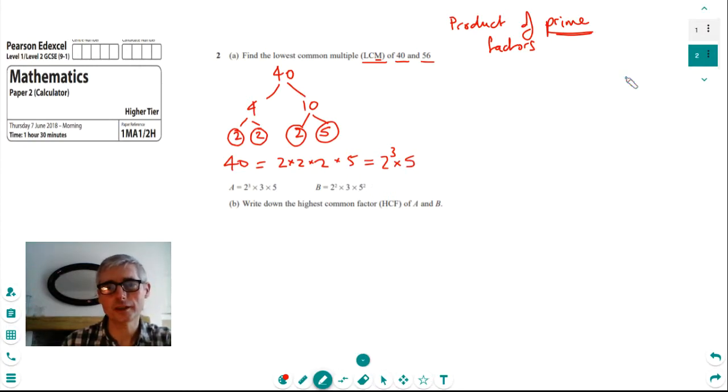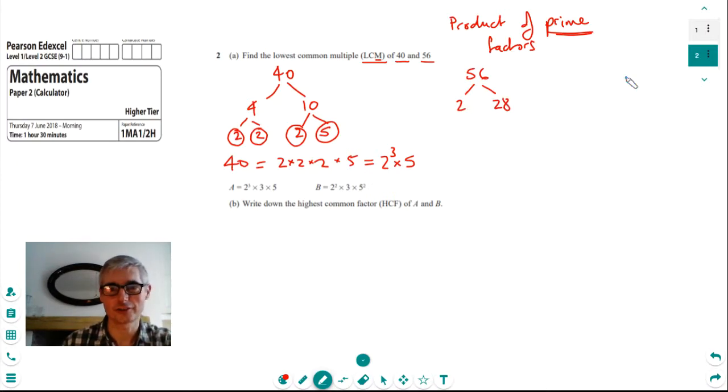Next thing to do is repeat the process, but for the 56. So take the 56 and again we're looking for factors of it. We might first of all just spot that we can divide it by 2 because it's an even number. It doesn't actually matter which order we go in, we're just looking for any factor pair that will go into 56. So 56 could be written as 2 times 28.